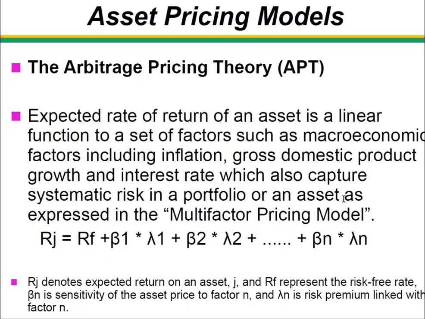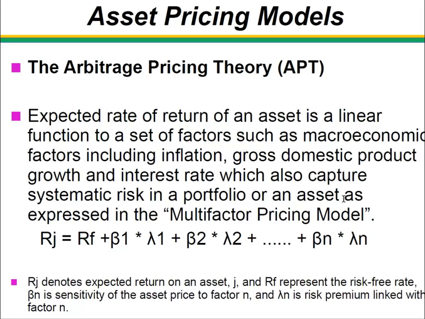The mathematical formulation of APT shows its multi-factor approach. The expected rate of return on an asset is expressed as a linear function of multiple factors, such as macroeconomic factors, including inflation, gross domestic product, and interest rates, which capture different aspects of systematic risk in a portfolio or asset.